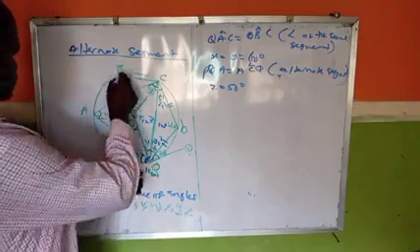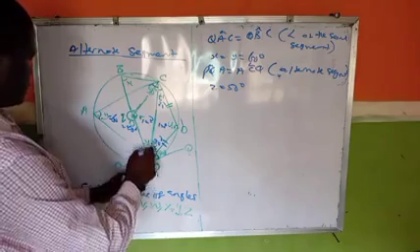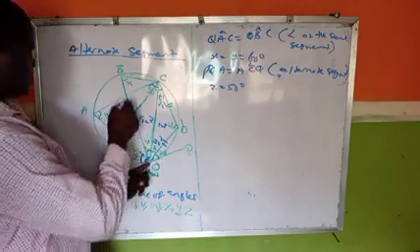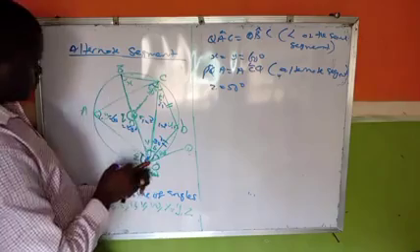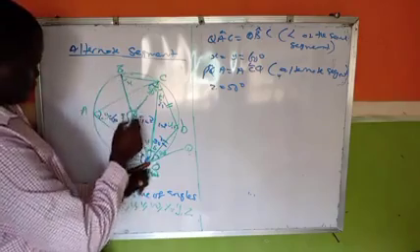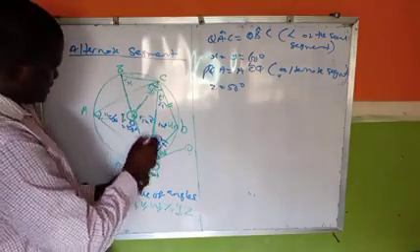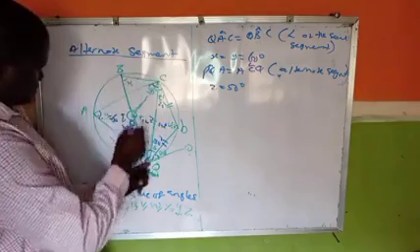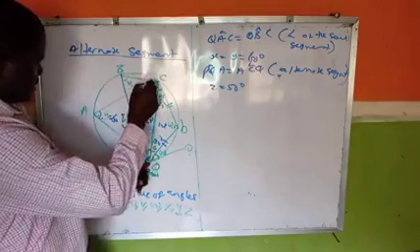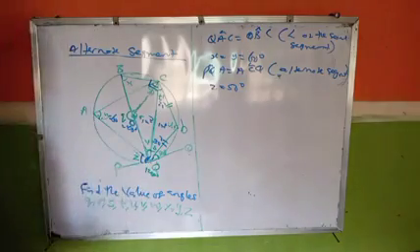This is a diameter because this is center O. Since this is center O, the angle you are seeing here is an angle at a semicircle.